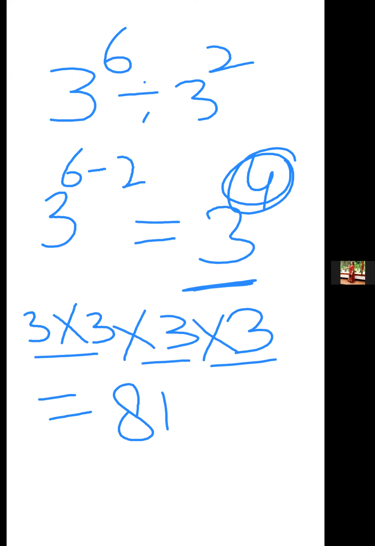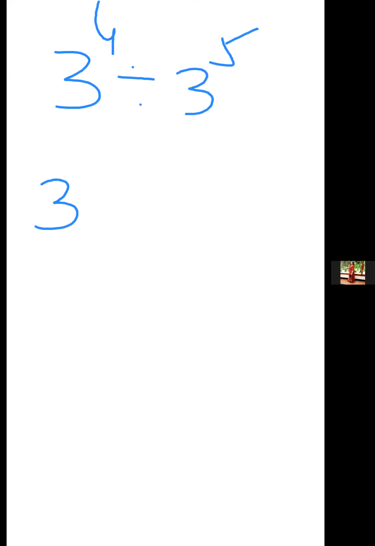Okay, now see the next. Next is if I write 3 raised to power 4 divided by 3 raised to power 5. So again, bases are same, powers are subtracted. So 3 raised to power 4 minus 5. So it will be 3 raised to power what? Minus 1. Yes.